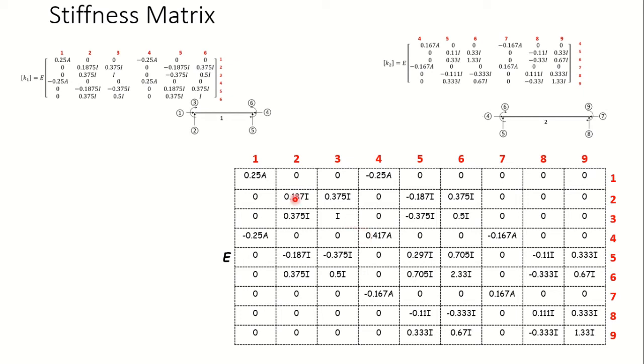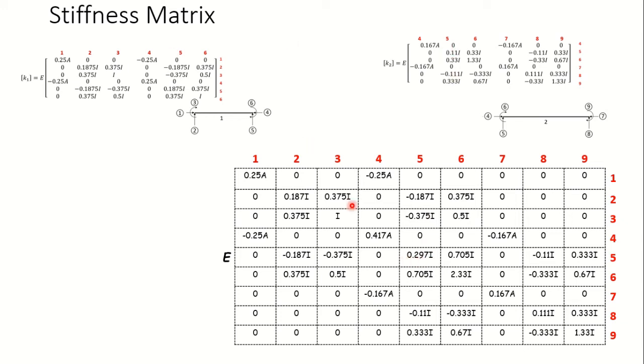Okay, so like that, if I take up K55, here it is 0.1875 I. Here K55 value is 0.11 times I. So 0.1875 I plus 0.11 I. So K55 here will come out as 0.297.